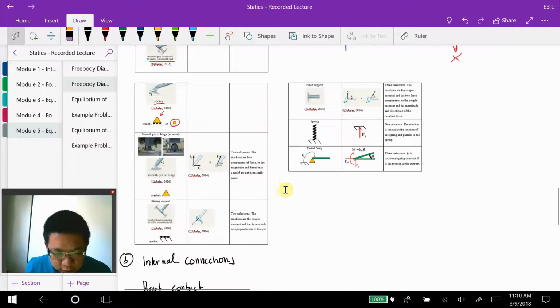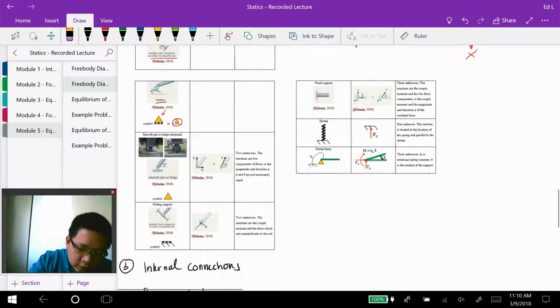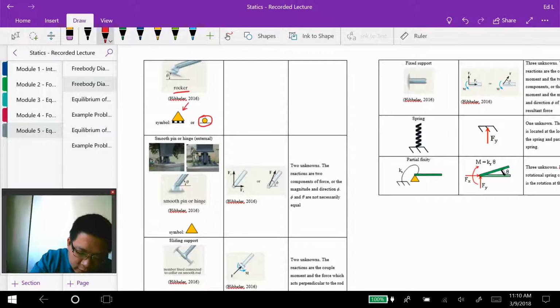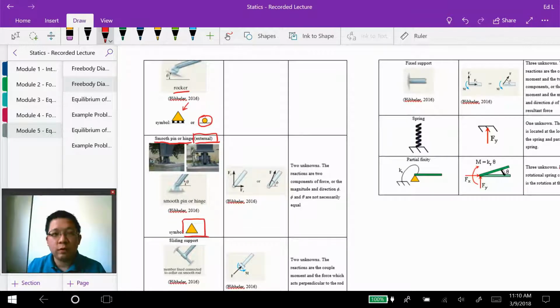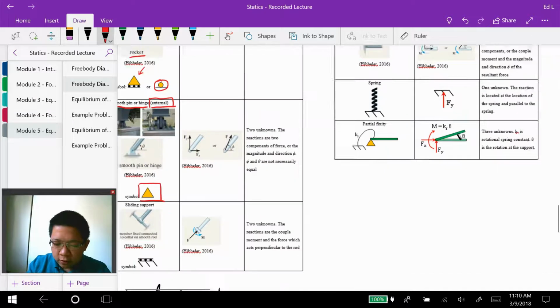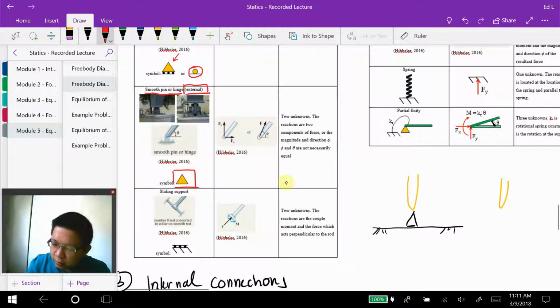And let's continue with the next support reaction, which is the external pin or hinge. Typically we use a triangle symbol to represent this type of support when we're discussing problems. For a pin, there will be reaction forces in the vertical and horizontal direction.